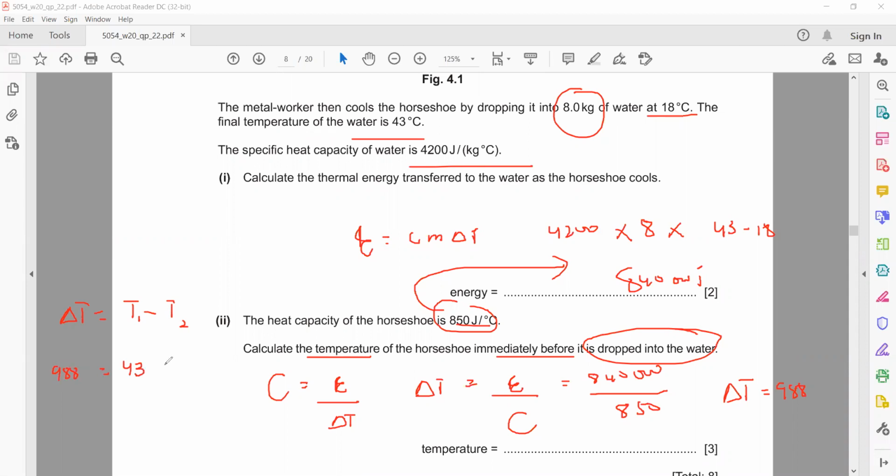The initial temperature we are finding, and the final temperature is 43, as it will come to thermal equilibrium with the water. Since it is subtracted on one side, on the other side it will be added, so 988 plus 43 will give us the initial temperature, which will come out as 1031 degrees centigrade.